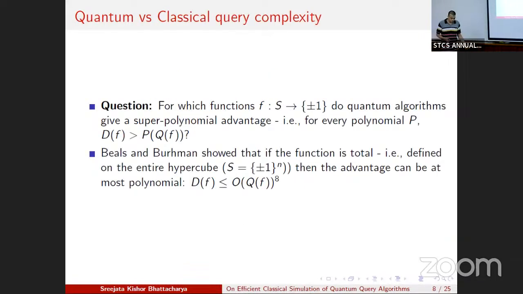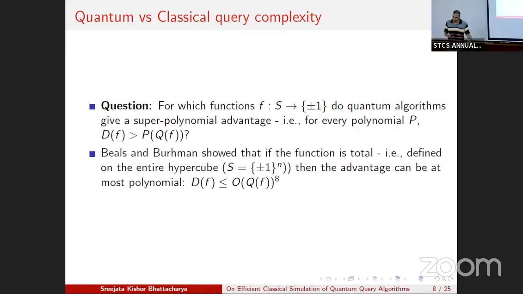So now let's look at the following question. For what kinds of functions do we have super polynomial separation between quantum and classical query complexity? A classical result by Beals and Buhrman shows that if your function is not promised, that is, if it is defined on the entire hypercube, then there is no super polynomial separation between classical and quantum query complexity.